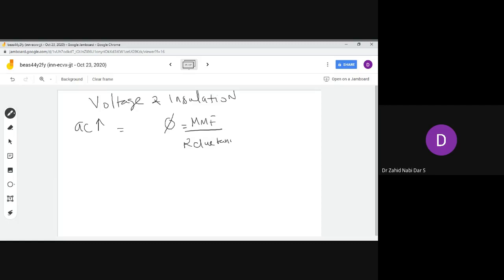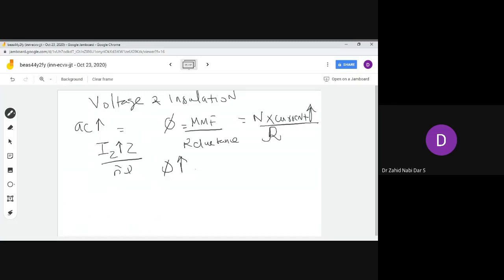And MMF is number of turns into current, divided by reluctance. So if you are increasing AC, you just saw that your current is increasing. So if your current is increasing, your flux will increase.